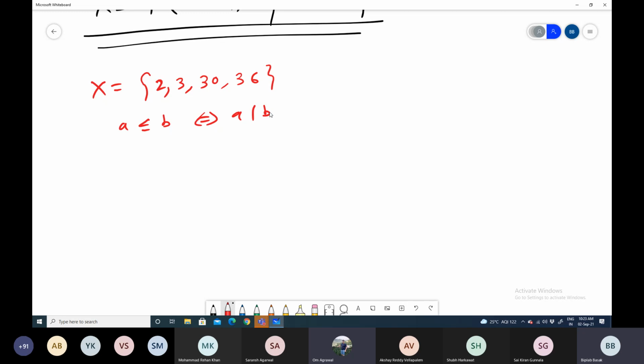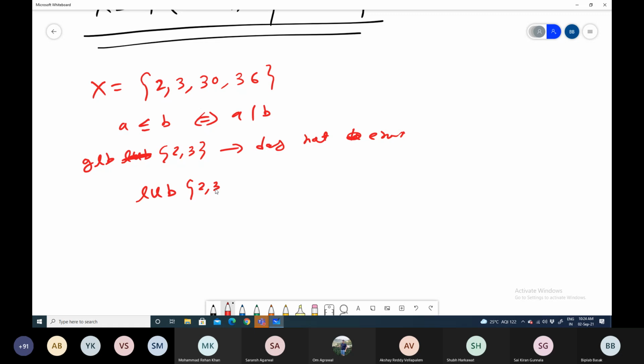Oh, that does not exist. But upper bounds do exist, right? Sorry, not upper bound, lower bound. The greatest lower bound does not exist, but the least upper bound of 2, 3 here is 30.